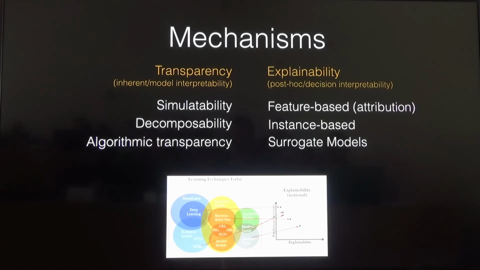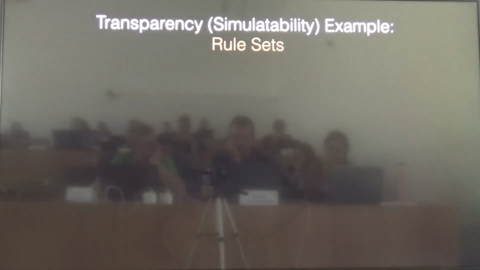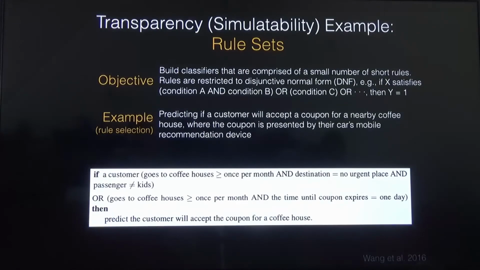So, coming back to our mechanisms, if we start with one particular type of transparency, which is called simulability, what we can think of is rule-based algorithms. So basically, the goal of a rule set is to explain or design systems that are already transparent and interpretable. They are going to make decisions based on a set of rules.